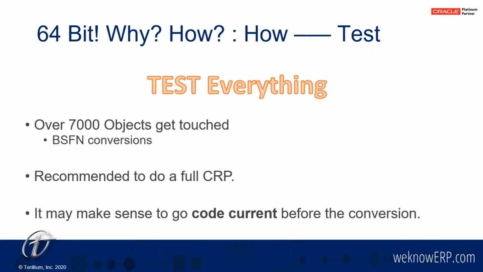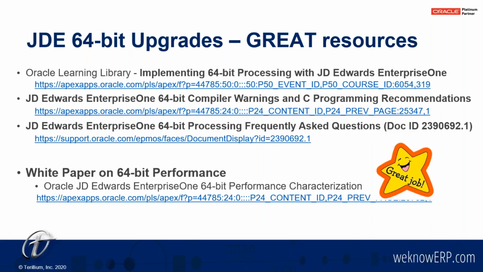And with the whole new continuous development thing going on, probably everything is treated like that. So it may make sense to do code current before the conversion. Part of your roadmap to get to 64-bit might be getting fully code current. Depending on your situation, that might be a recommended thing.